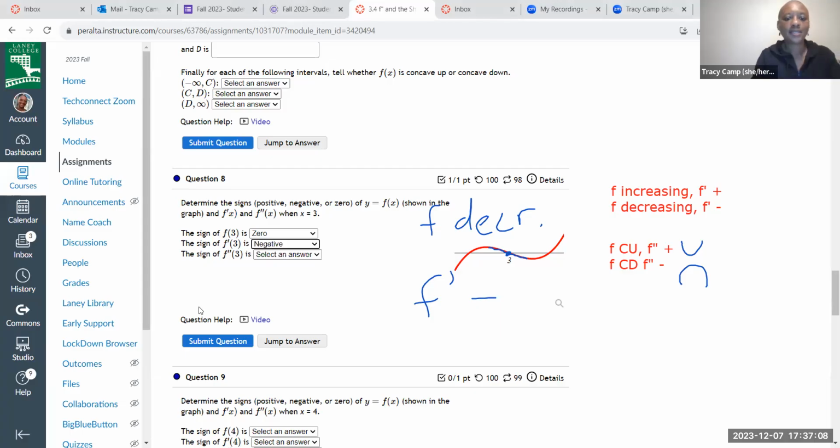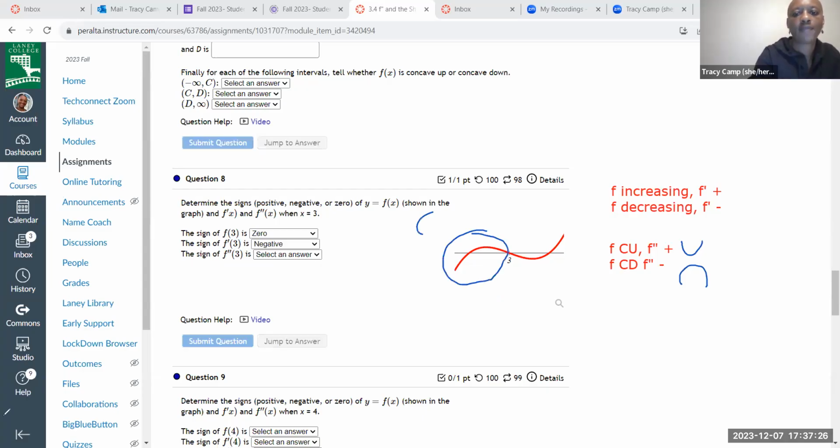And then last of all, for f double prime of 3, we're looking at the concavity. Notice this graph, from here to here, it looks like the graph is concave down, like the frown. But then from here to here, it looks like it's concave up.